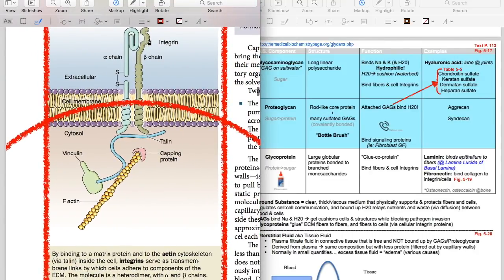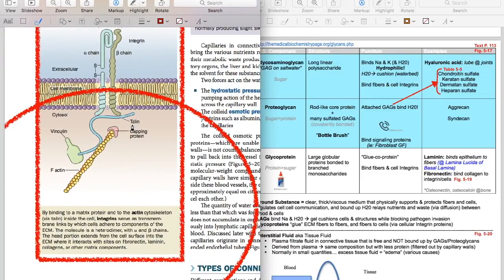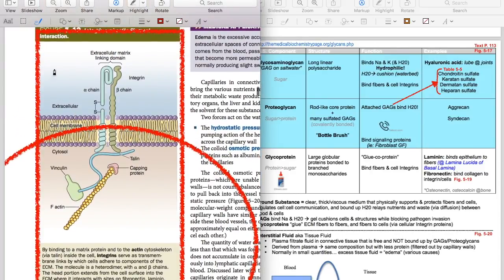It's just this protein rod that goes from the outside of the cell to the inside of the cell. And this is extracellular matrix out here, which has attachments via GAGs and glycoproteins, and the integrin tells the inside of the cell what's going on in the outside of the cell.